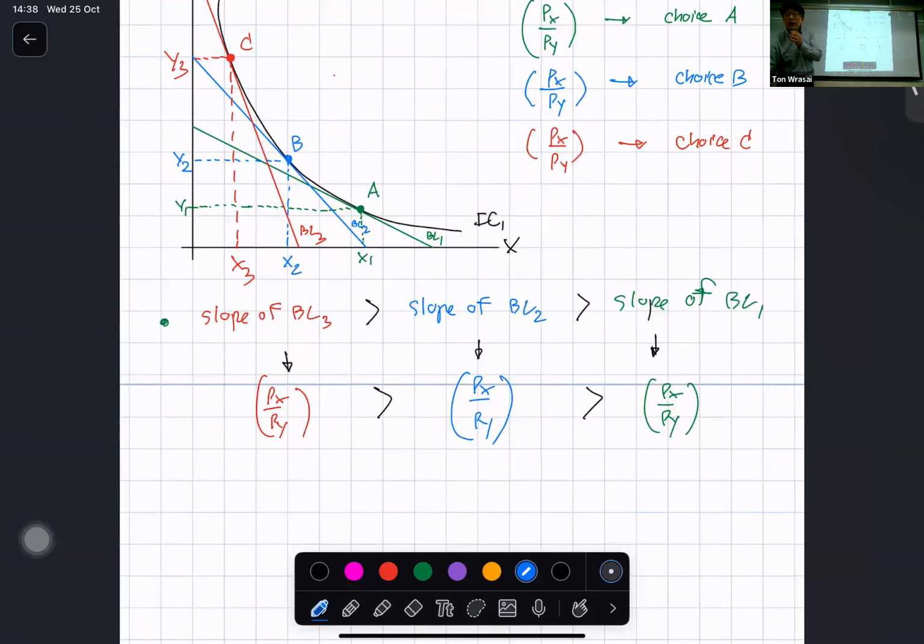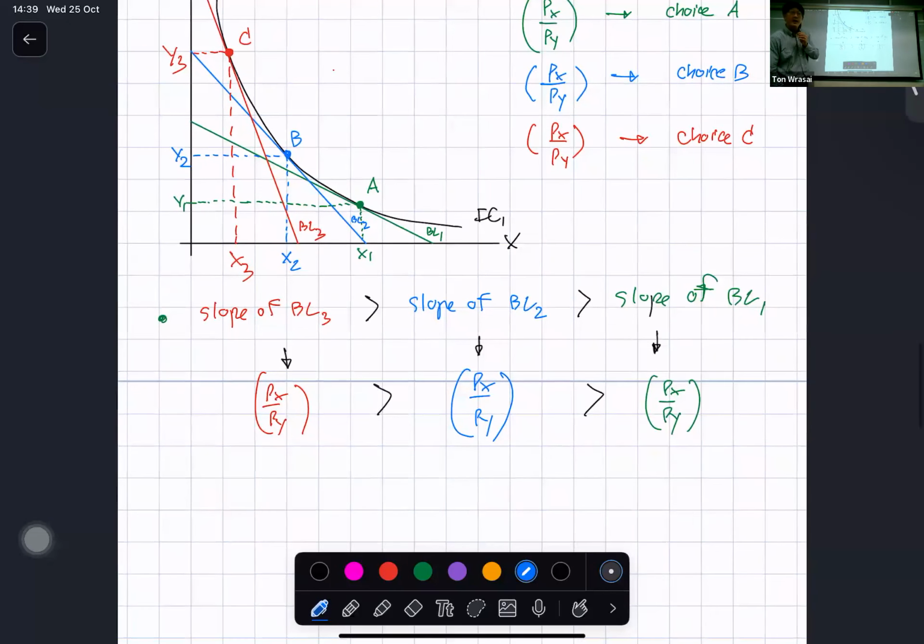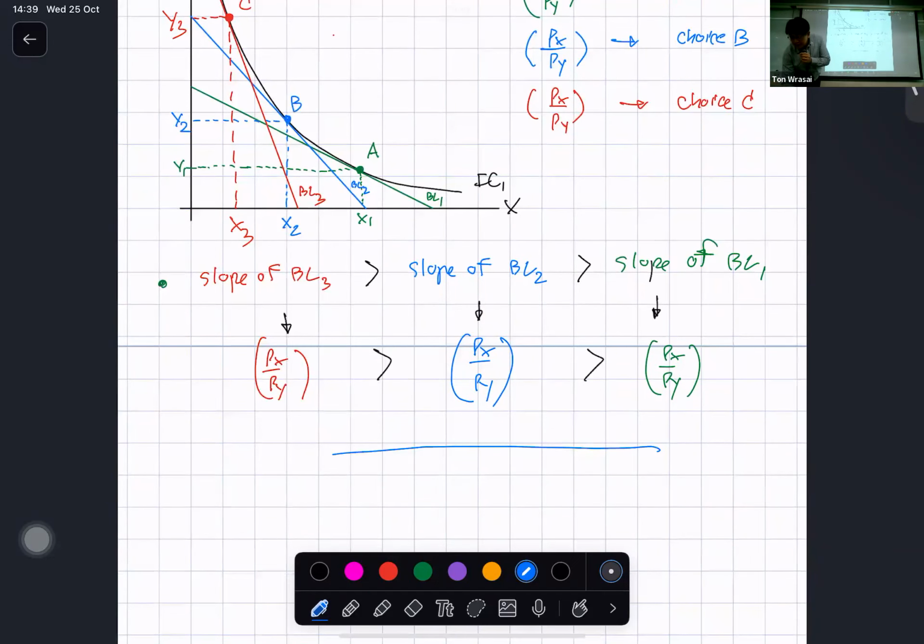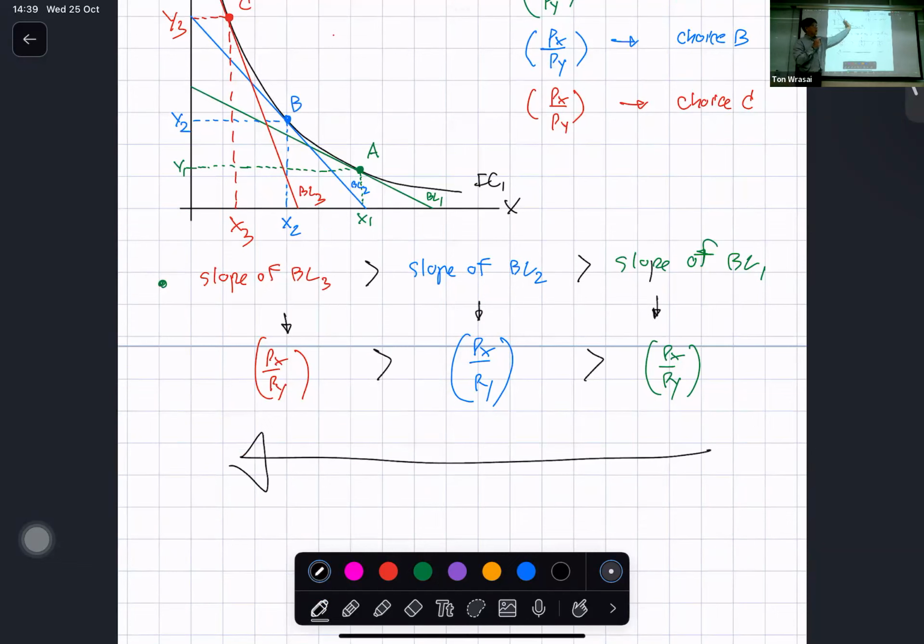Now, let's talk about the intuition behind this. Read from right to left. Our simulation is like this. Start with green.